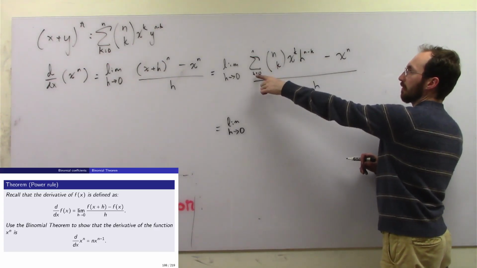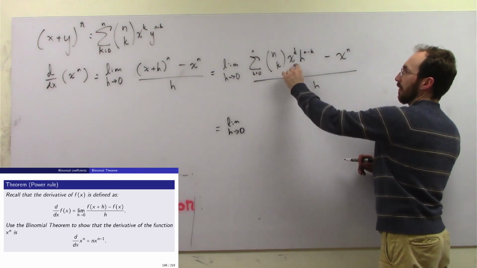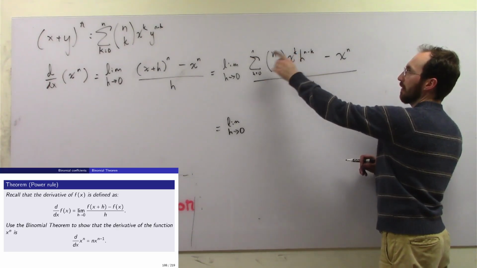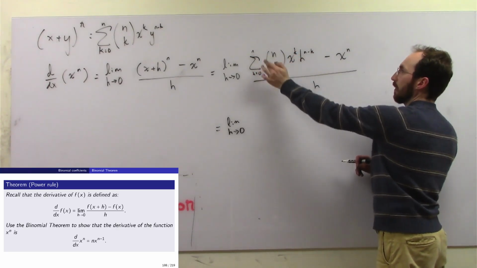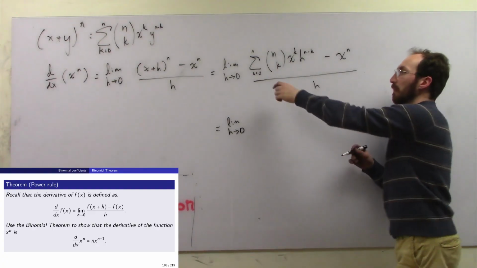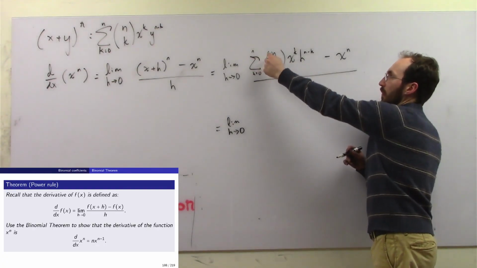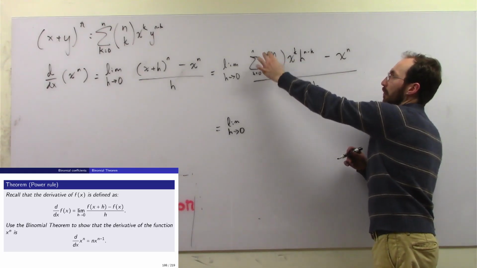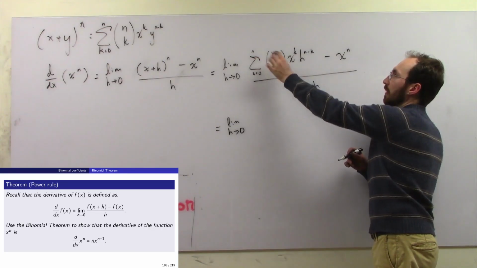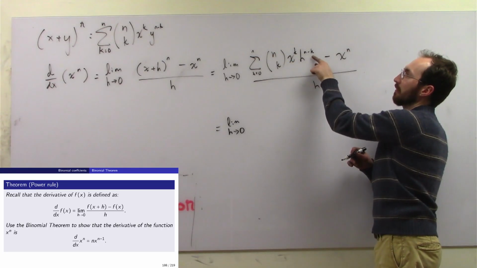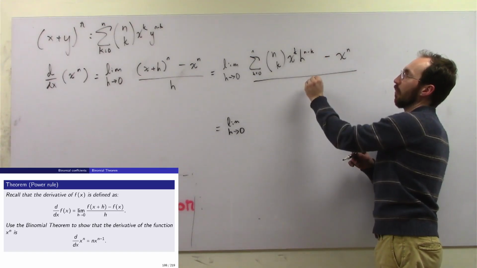Let's see if there is just an x to the n living among these terms. If k is equal to n, what is the coefficient of x to the n? We have n choose n, which is 1, and we have h to the n minus n, which is just 1 as well.